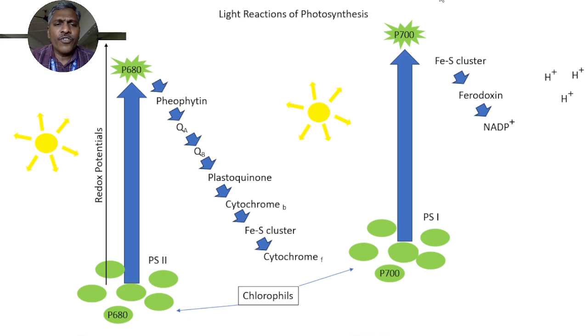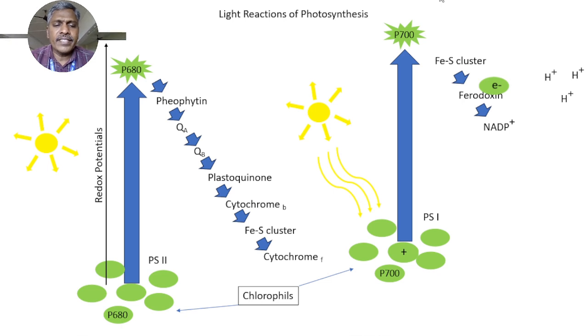When light hits photosystem 1, it excites the special chlorophyll molecule known as P₇₀₀, and the excited P₇₀₀ loses its electron. These electrons are transferred through chlorophyll molecule A0 and phylloquinone A1 to the iron sulfur cluster. This iron sulfur cluster passes the electron to ferredoxin, a small iron containing protein.